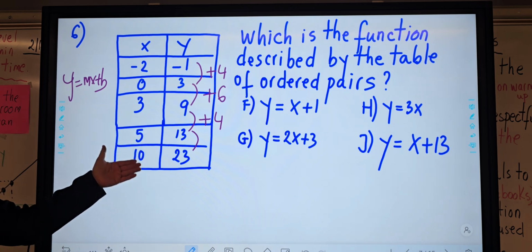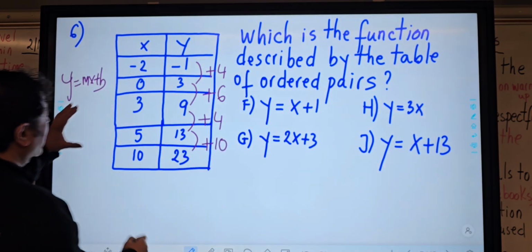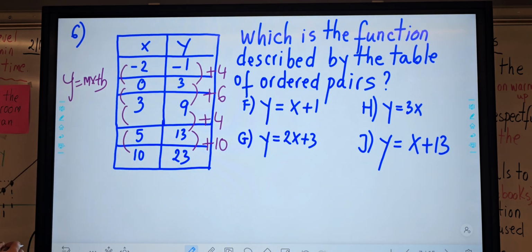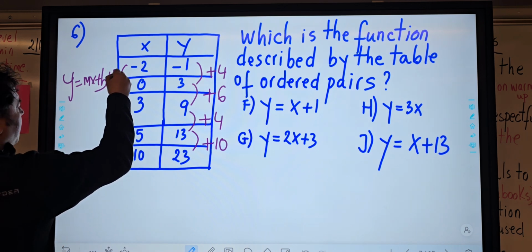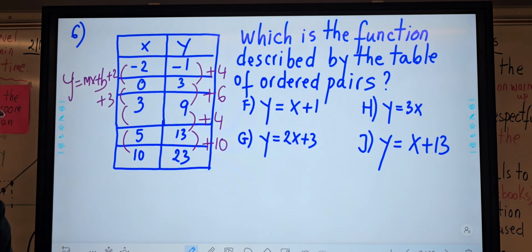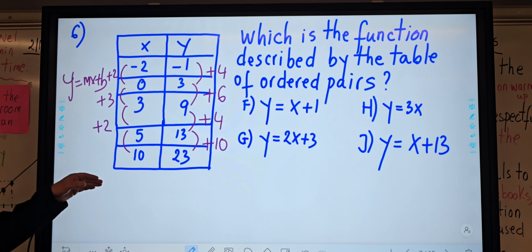Again, if we add 10 to 13, we get 23, right? Plus 10. Now let's see if we can see a pattern for the x values. From negative 2 to 0 is going up plus 2. From 0 to 3, we have plus 3. From 3 to 5, plus 2. And from 5 to 10, plus 5.